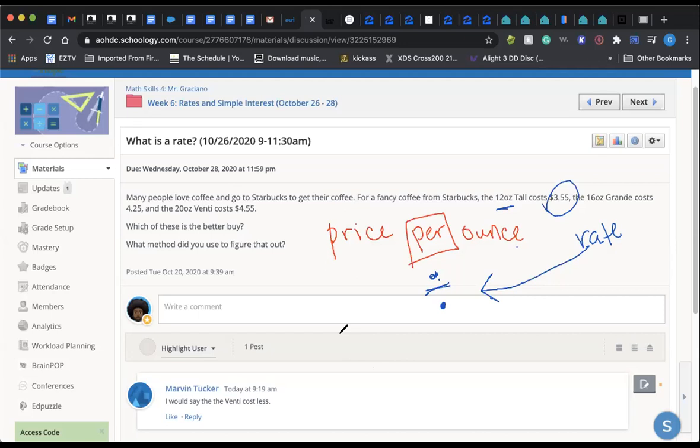Which one of those is the better buy? Who has the lowest price per ounce?